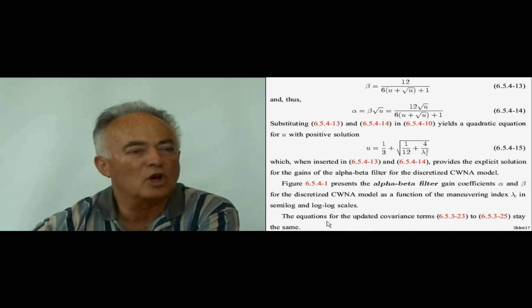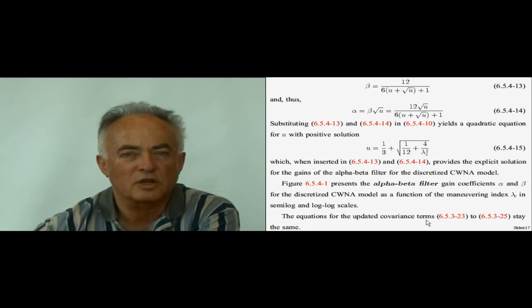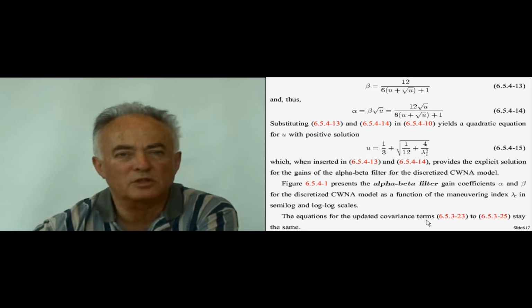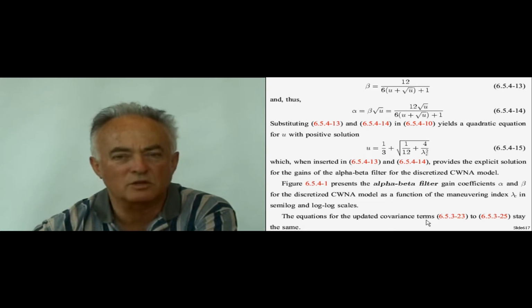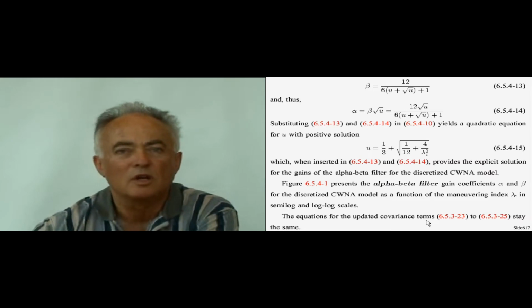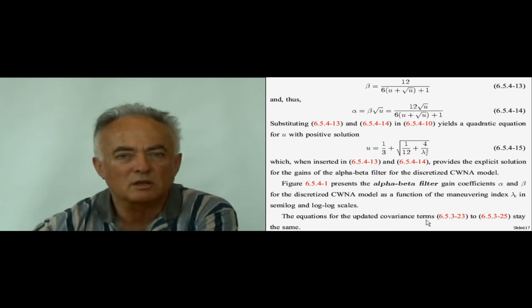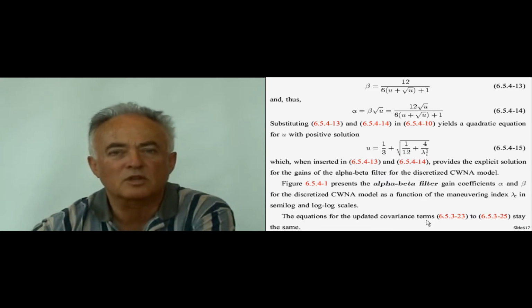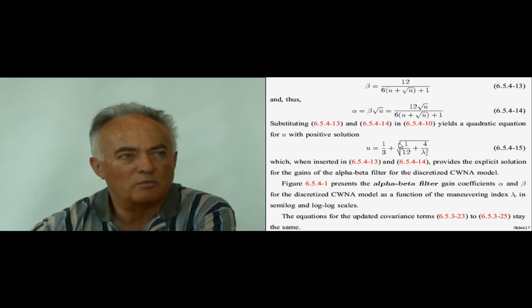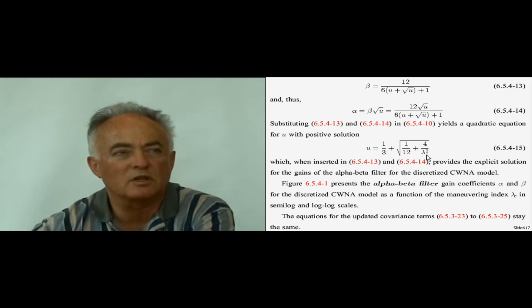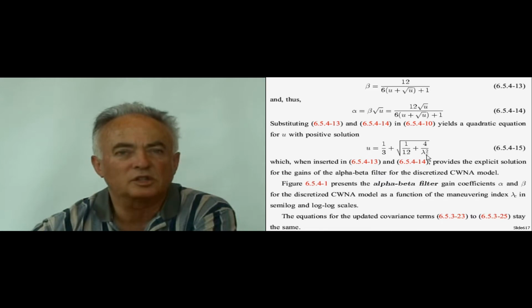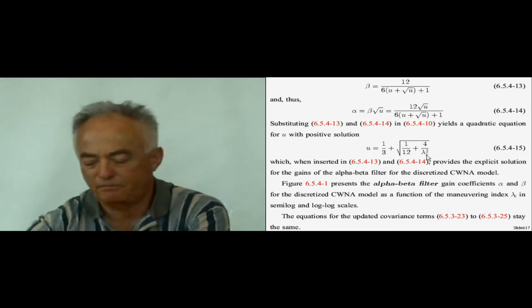And the updated covariance expressions from the direct discrete time model will be the same as in the discretized continuous time model we are handling now. So the only differences are the definition of lambda c, continuous time maneuvering index, and how the alpha and beta depend on this differently defined lambda c versus how the alpha and beta depended on the direct discrete time version of lambda.